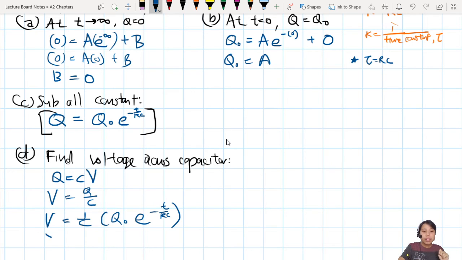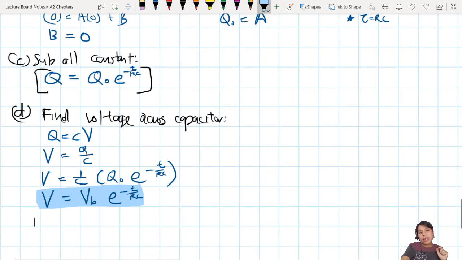So we combine that: Q naught over C, the original charge over C, which is also known as the battery voltage, times E negative T over RC. Also known as the original voltage of the capacitor. How do I know it's this? Well, I'll show you in a bit. But this is how you find the equation for that. So it's also an exponential decay going down.